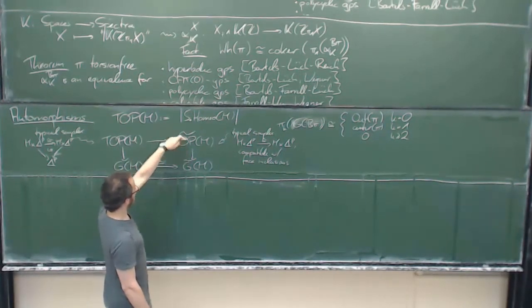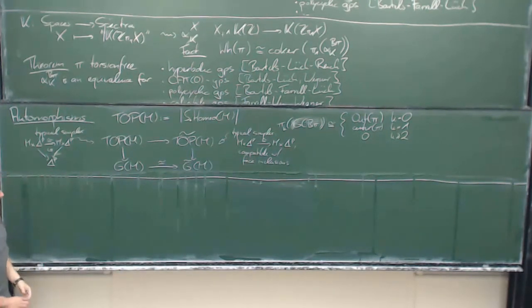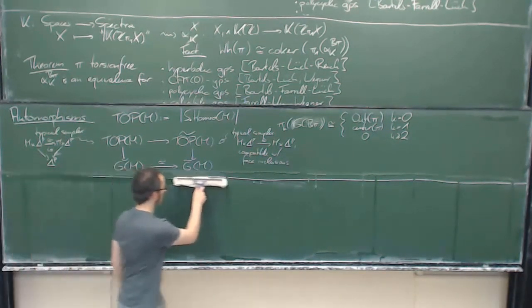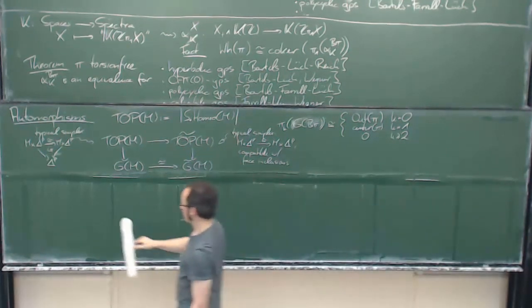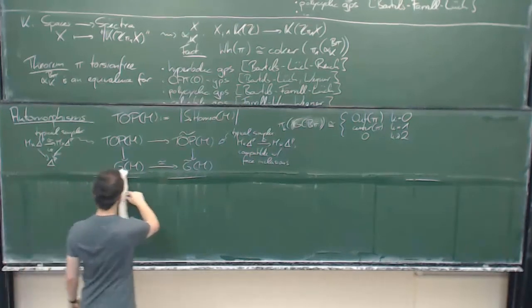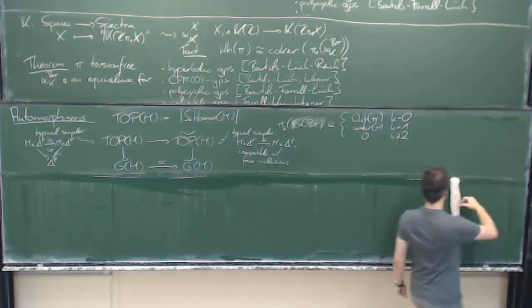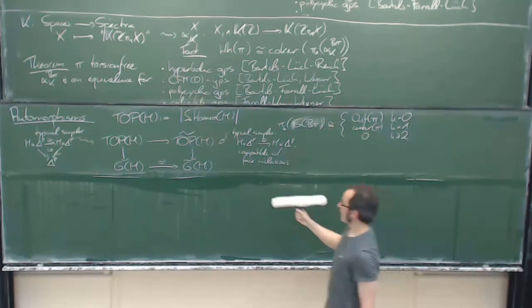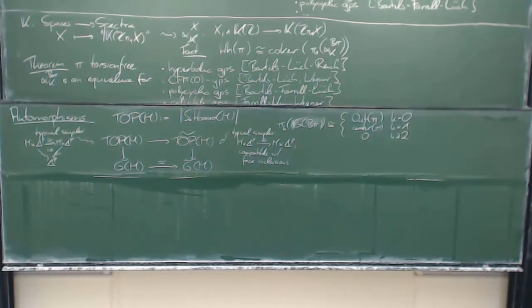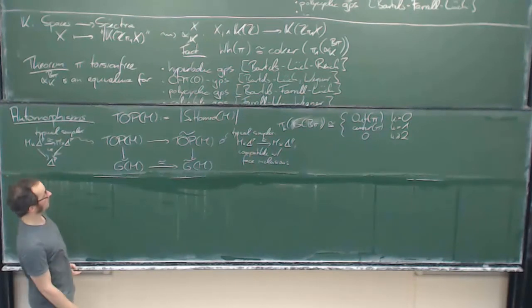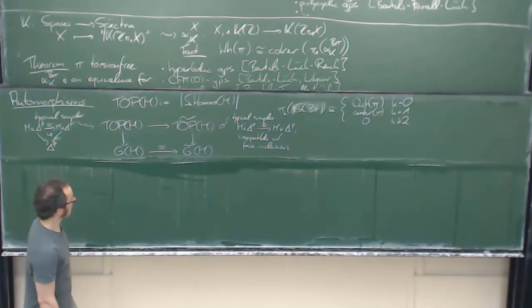But now, this comparison map is in fact rather interesting, and I should get rid of the line that I drew here. For the following reason. So, we may now try to compare these two gadgets, the monoid of block homotopy equivalences and the block homeomorphisms.